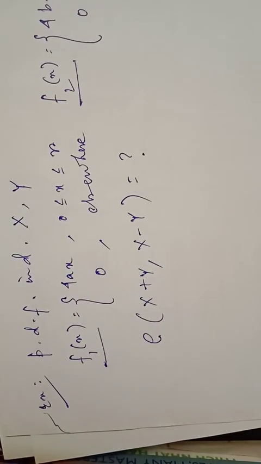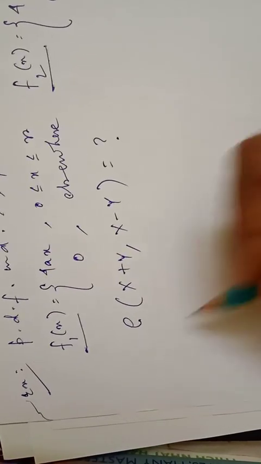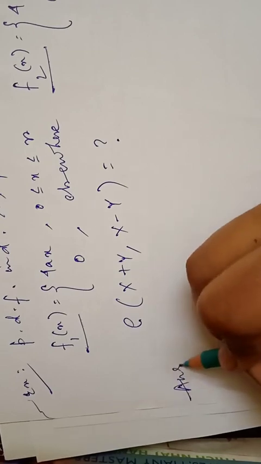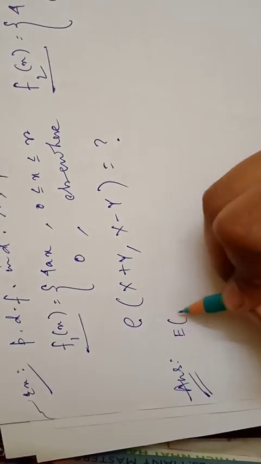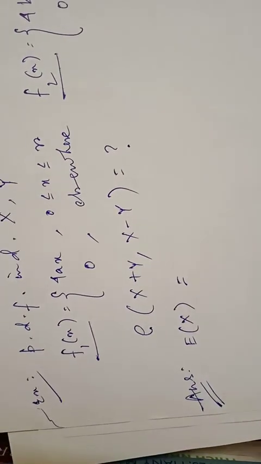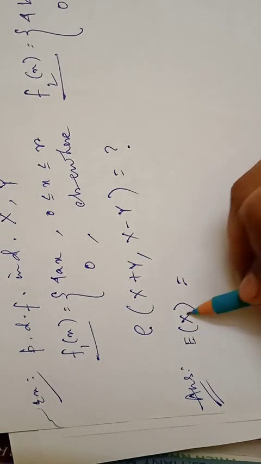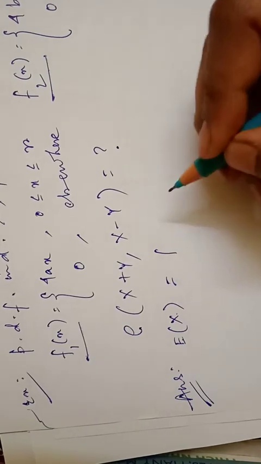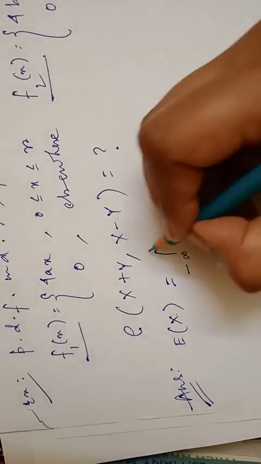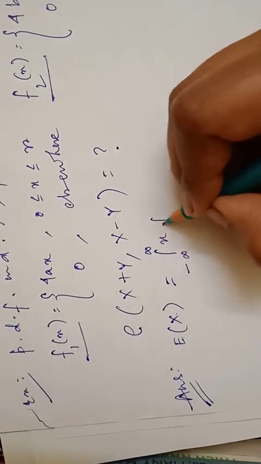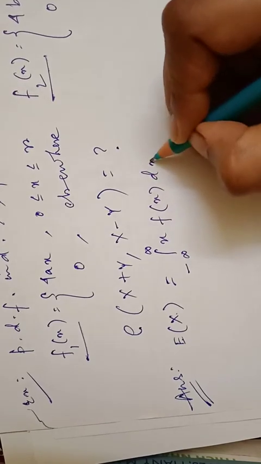So at first find out the individual expectations, that is expectation of x. It's very easy because the individual probability density function is given. So expectation of x will be, it is continuous, so integration minus infinity to infinity x f(x) dx.